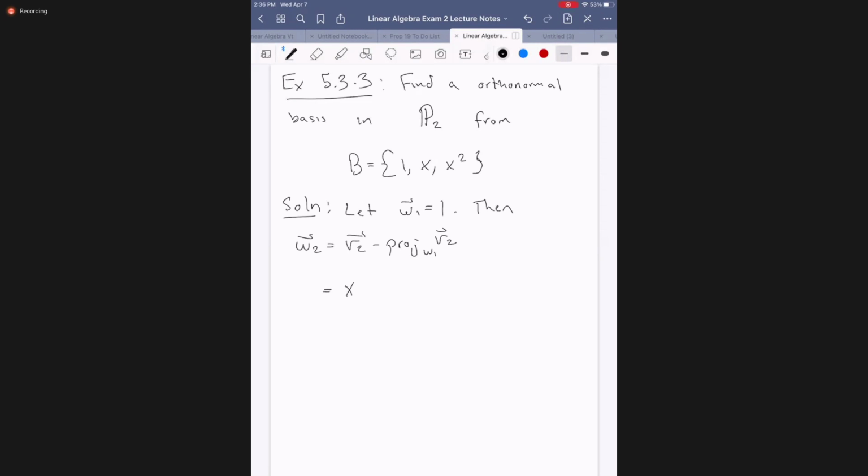It's going to be x minus the inner product of V2, which is x, and 1 over the inner product of 1 comma 1. So what's the inner product in the space of polynomials again?